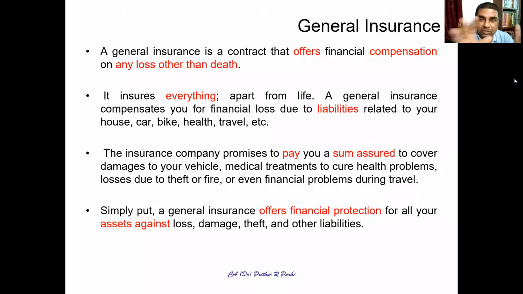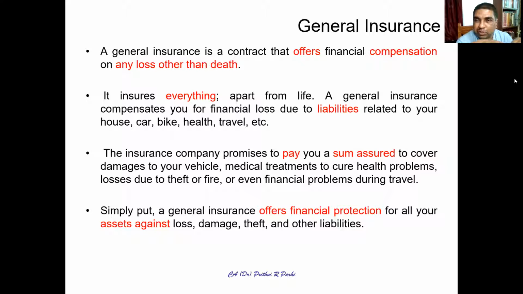It ensures almost everything. So if the person is expecting to face some financial loss relating to some assets, relating to some uncertain event, then he can get himself insured.